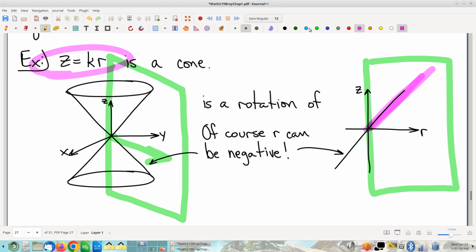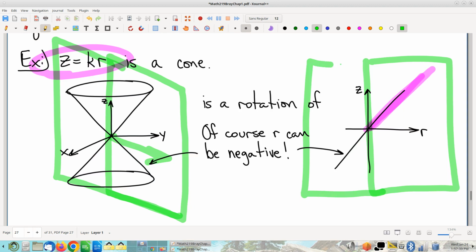In fact, this value of theta can be thought of as representing both positive and negative values of r. Certainly z is allowed to be negative, so there's nothing wrong with all of these points on this line. So what you're going to call the theta cross-section is this whole line.